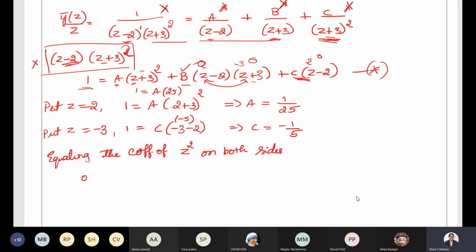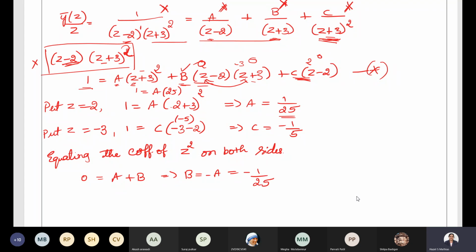That's why the coefficient of z square will be 0. So we get A plus B equal to 0. If A plus B equals 0, what is the value of B? Minus A. A is 1 by 25. So B will be minus 1 by 25.